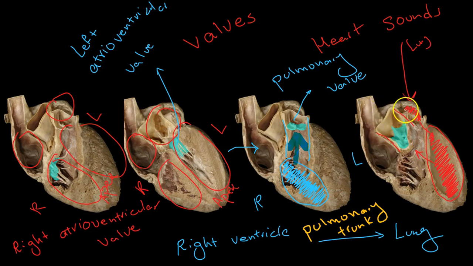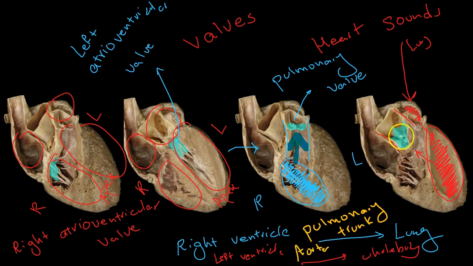So what would be the name of this blood vessel leaving the left ventricle? That is aorta. So it means that between the left ventricle and the whole body, we have aorta.